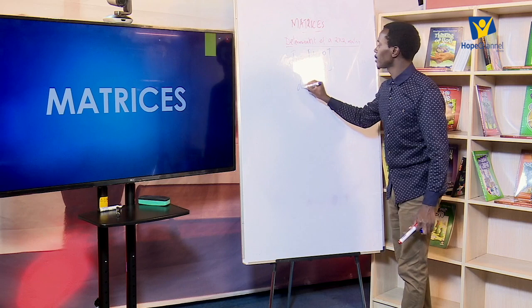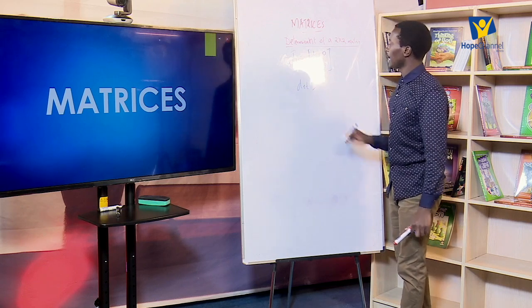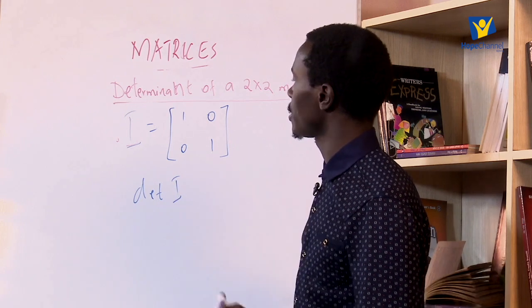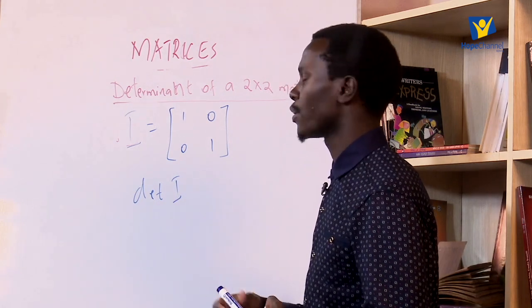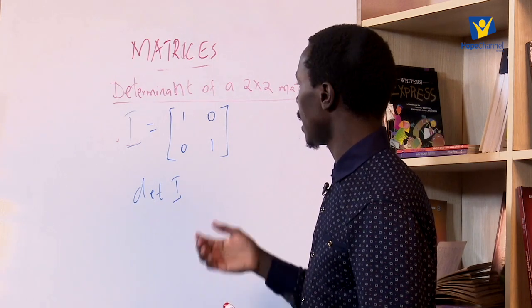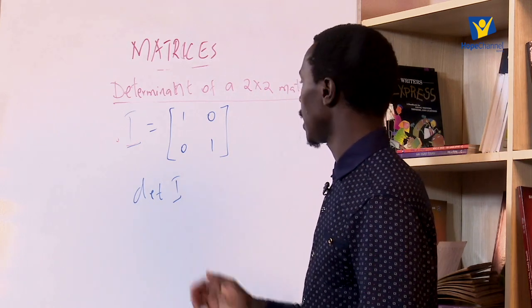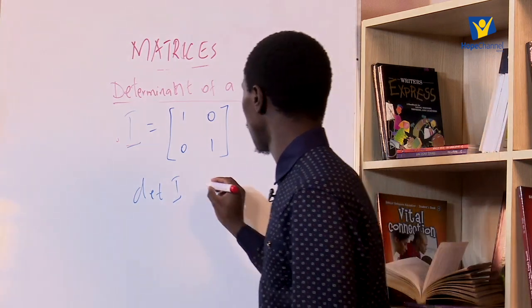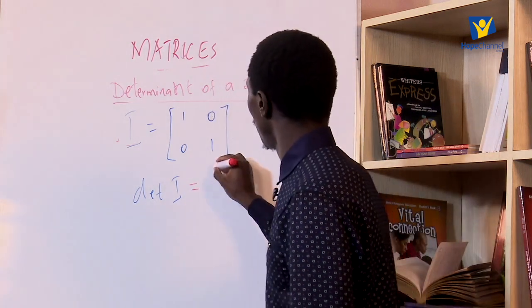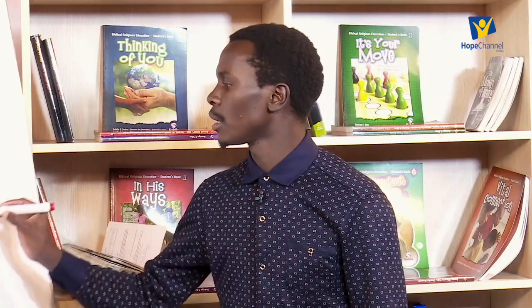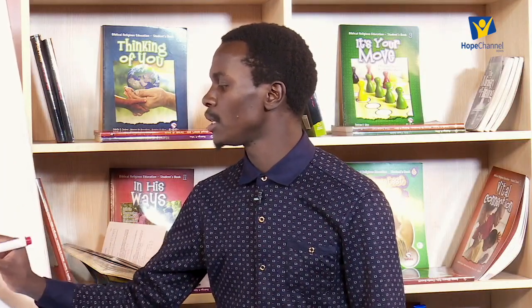So the determinant of I. Now, if you remember very well, 1, 0, 0, 1 was an identity matrix of order 2 by 2. I said an identity matrix has 1s in the leading diagonal and 0 in the other positions. So in this case, the determinant will be 1 multiplied by 1 minus 0 times 0. That gives us 1 minus 0, which gives us 1.